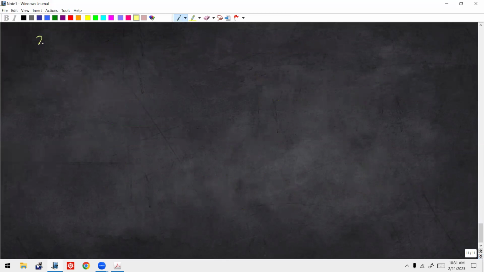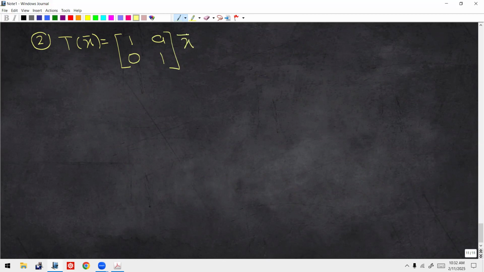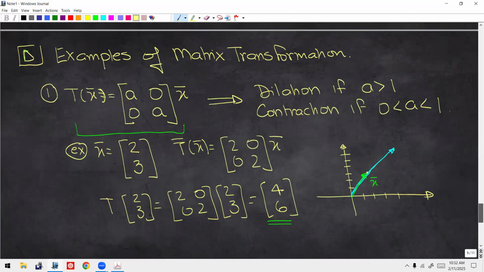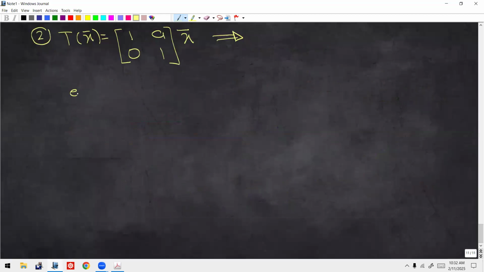Here's another example. So let's say we have T of X is given by the matrix 1, A, 0, 1, times X. Now again, we'll leave some room to write down in words what it does, but let's take a look at an example and see what's happening visually.